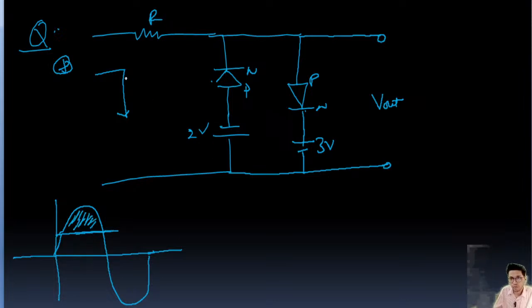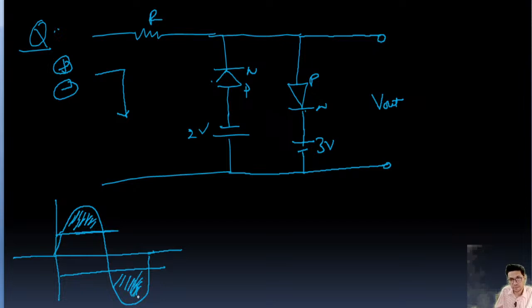Now for negative cycle, this is going to be reverse bias, open circuited. So this will be forward bias, and this diode is going to be short circuited. So in that case, the voltage is going to be minus 2 volt, right? This is minus 2 volt, so this part will be clipped.